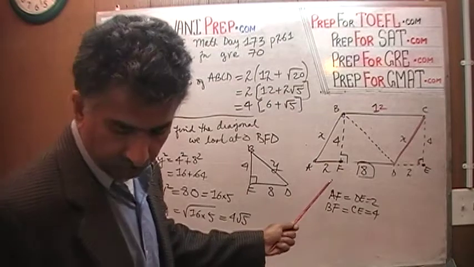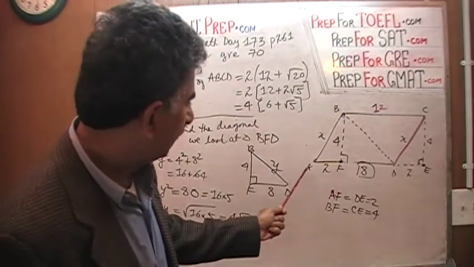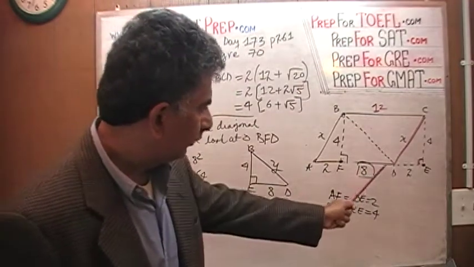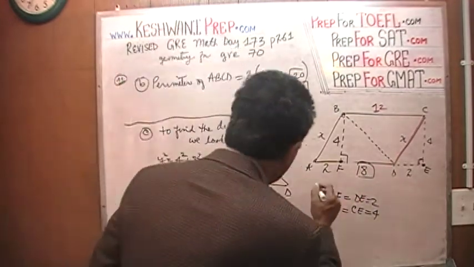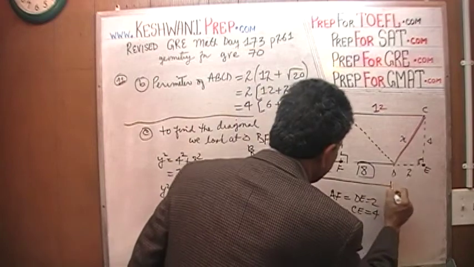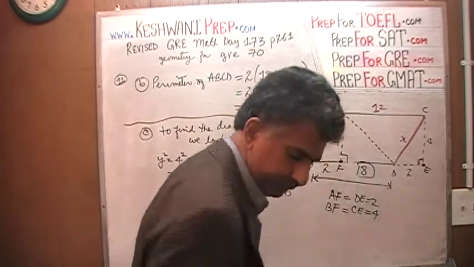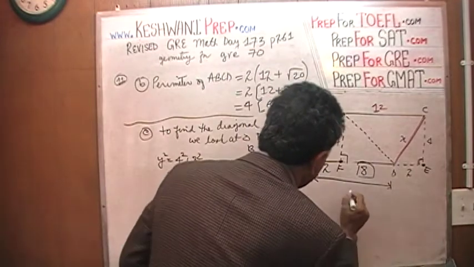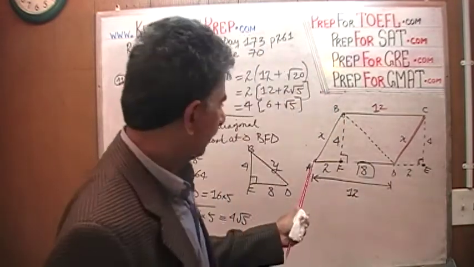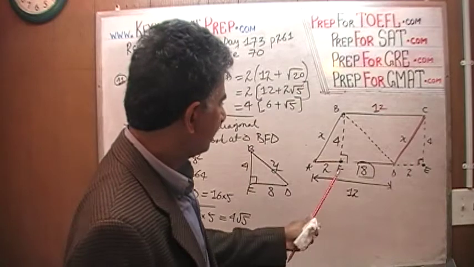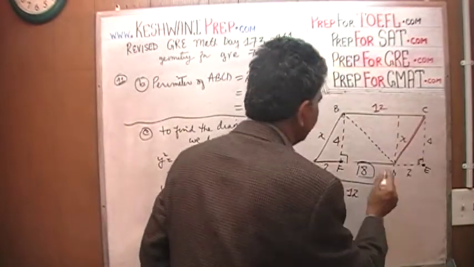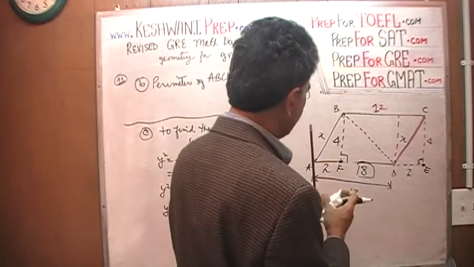This guy was 12. From A to D, listen carefully please, A to D, we were told was 12 in the original picture. A to D is 12, and A to F is 2, which means that F to D is 10. F to D is 10. You see this guy here? I'm going to put it on the top.